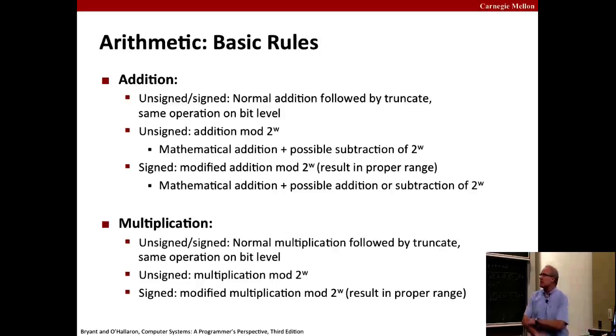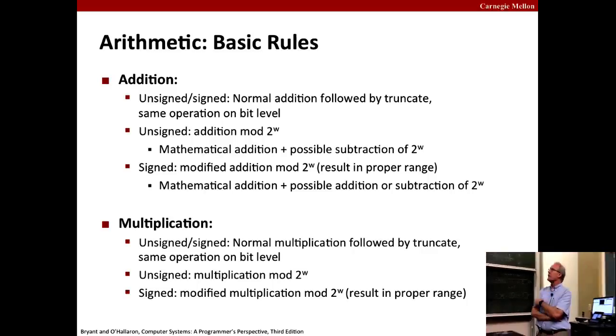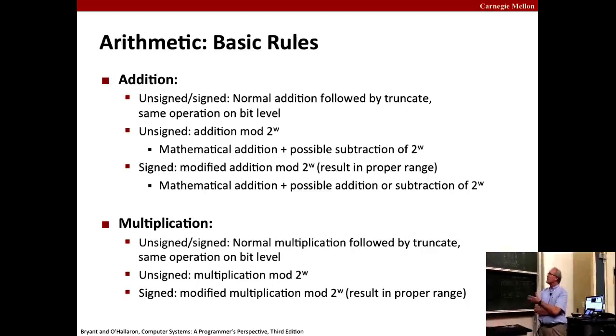So getting back to summarizing this integer arithmetic, you see that, first of all, whether it's signed or unsigned, the addition or multiplication operations are the same, whether it's an unsigned number or 2's complement. And the negative stuff works out as long as you don't have an overflow.